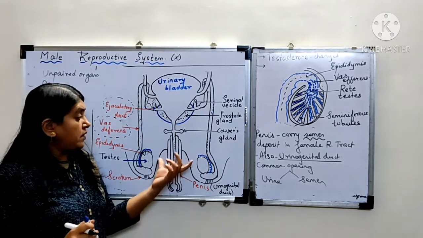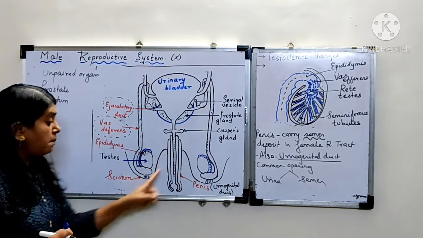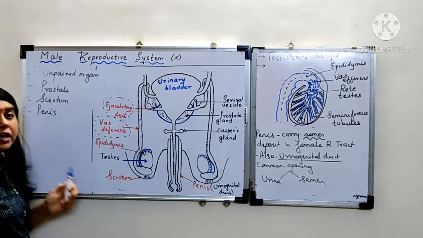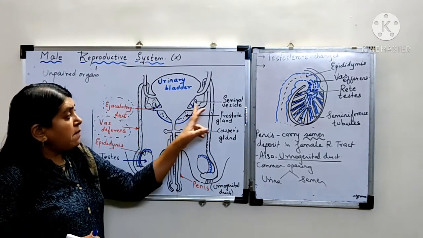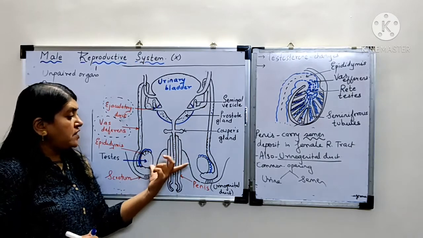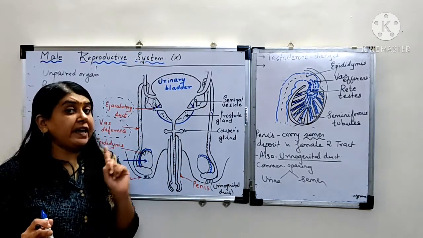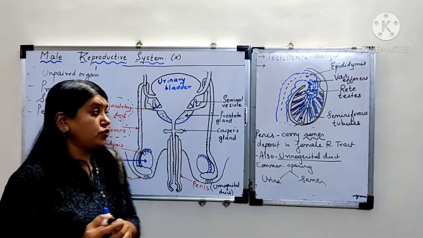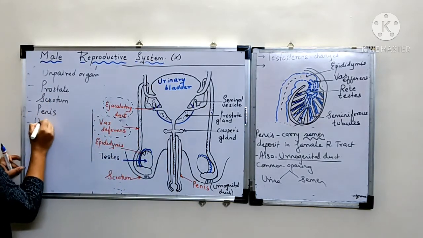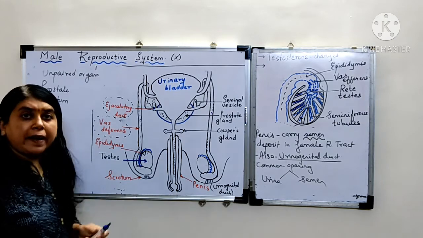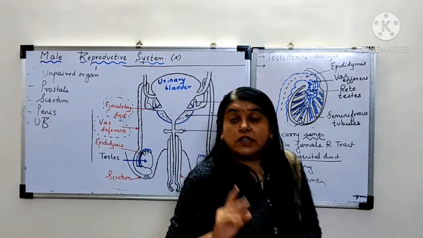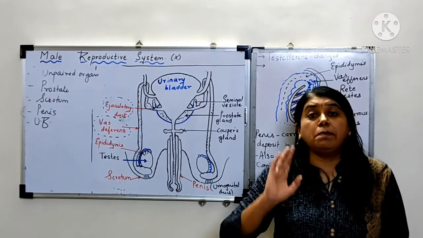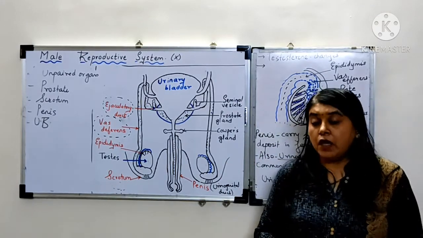Prostate, scrotum, these are unpaired organs. Penis is also an unpaired organ. Seminal vesicle, vas deferens, testes, all of them are paired structures. These three structures are unpaired structures. Even the urinary bladder is an unpaired structure, right? So this gives you a complete explanation about the male reproductive system.